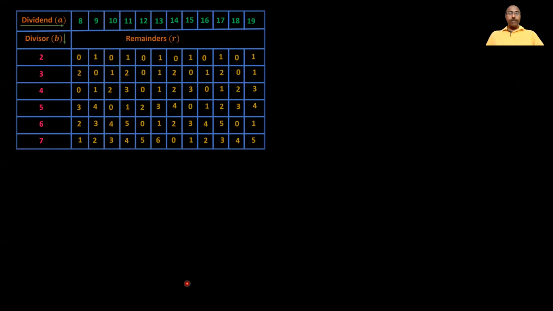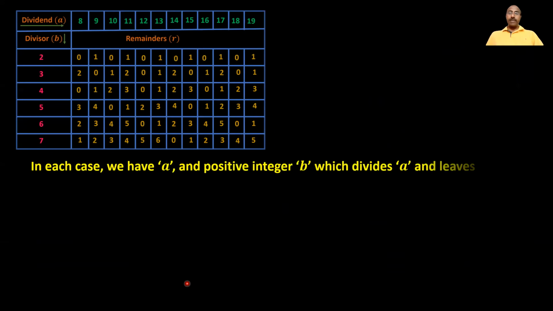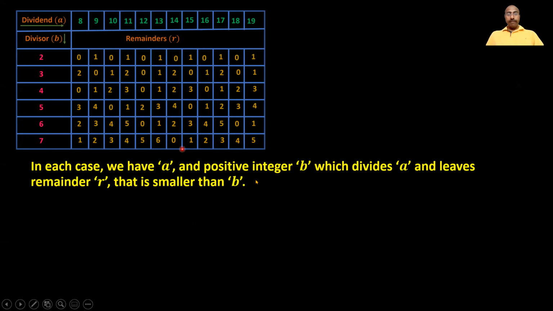So by observing this table, we can conclude that in each case, we have A and positive integer B, which divides A and leaves remainder R that is smaller than B, isn't it? So in every case, the remainder takes values from 0 and it is less than B, isn't it?